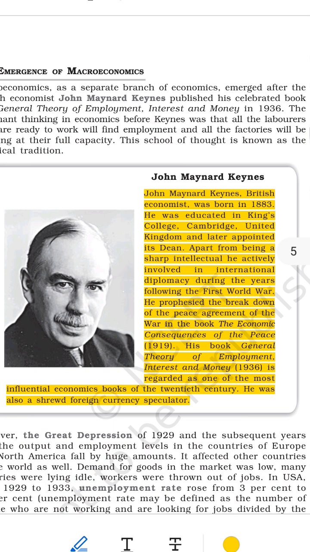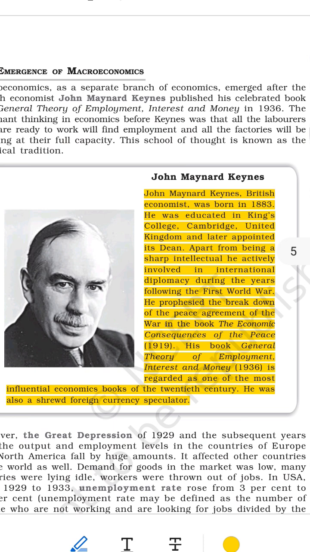But in his book, written in 1919, he said this peace deal won't last long. He thought the deal was too harsh on Germany. He believed that if countries treated Germany too harshly, they would become angry and poor, and that could cause another war. He was right. World War II happened about 20 years later.